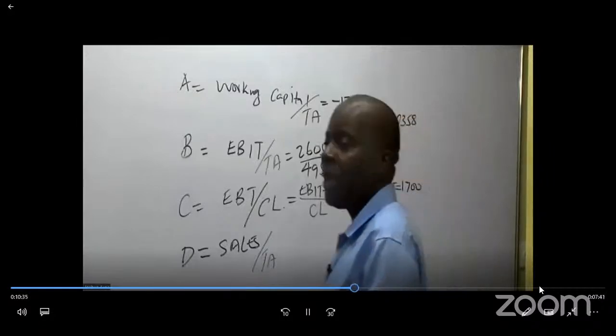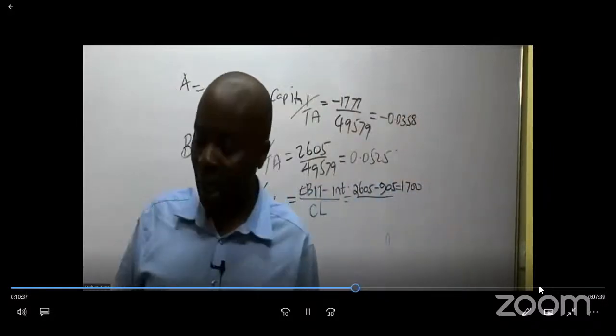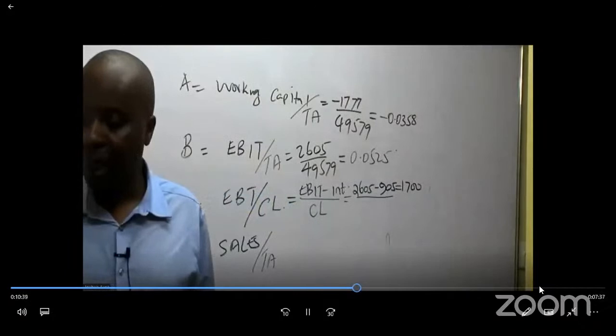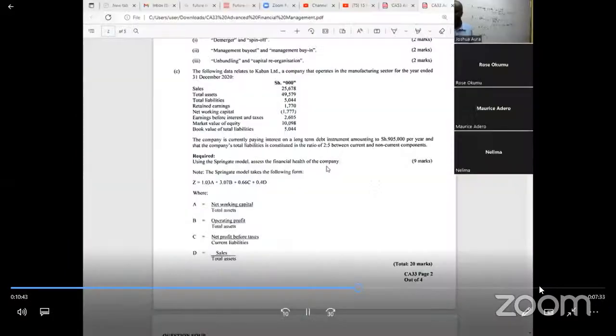Again, the other thing that so many students were not able to get here is the current liability. You see from this question, they told us the company's total liabilities is constituted in the ratio of 2:5 between current and non-current.